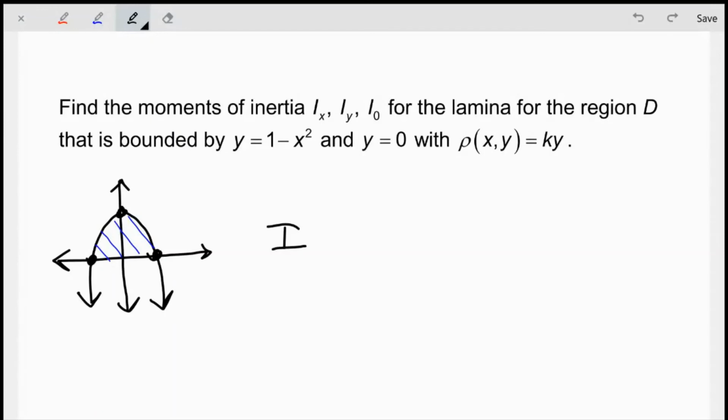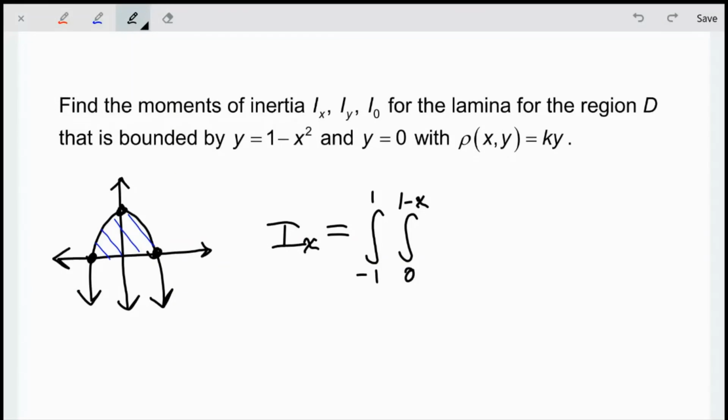Okay, so fairly easy to do here. If I want the moment about the x-axis, I'm going to choose to integrate with respect to y first, primarily because you can see we're bounded by a function in the y direction. So in the x direction, I know I'm going to go from -1 to 1. And then in the y direction, I'm going to go from 0 to 1 minus x squared.